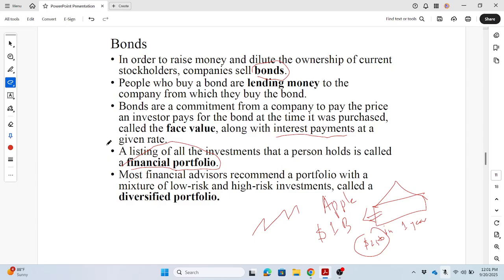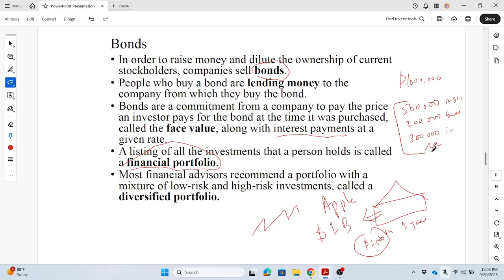For example, let's say you have 1 million. Out of 1 million, you put 500,000 in stocks, you put 200,000 in bonds, and then you put the rest, 300,000, in real estate.